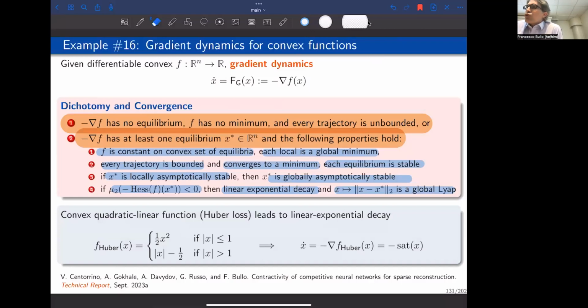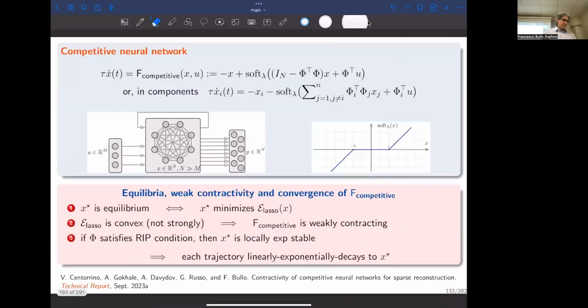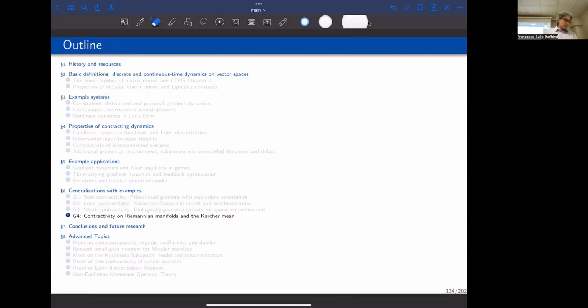All right. So I am past the hour, and I don't desire to insist much more on this. There are two other topics in this advanced area here. One had to do with biologically plausible sparse reconstruction, which was yet another set of examples, a beautiful story behind it.